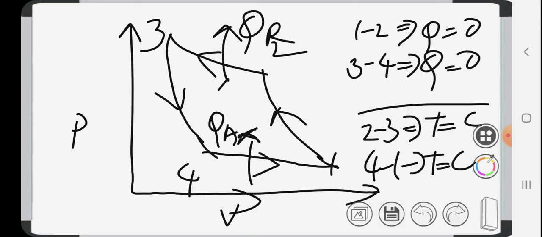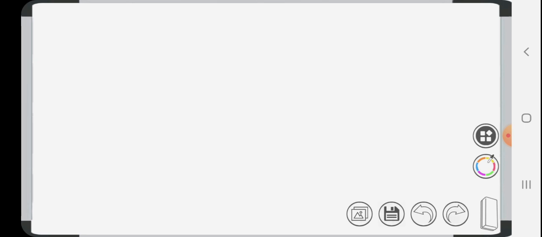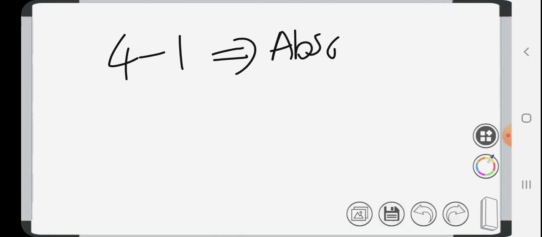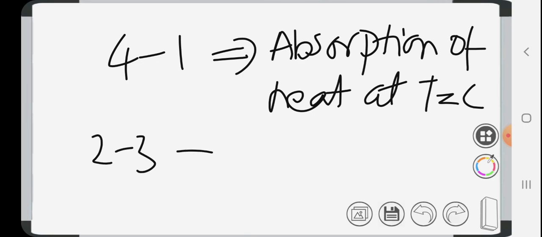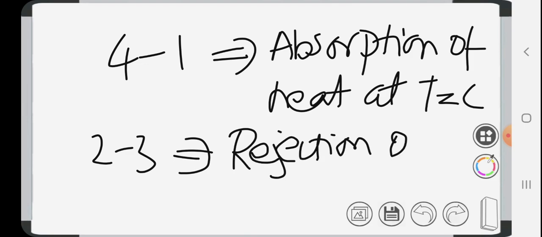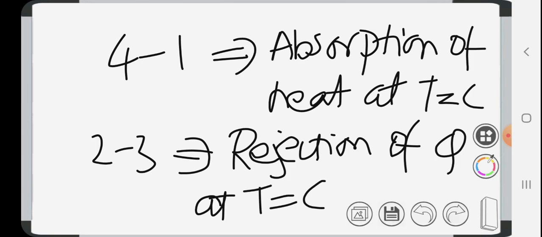So 4 to 1 is absorption of heat at constant temperature, and 2 to 3 is rejection of heat at constant temperature. So these are the processes.